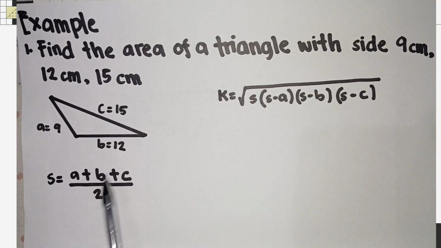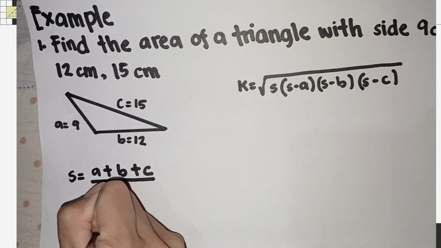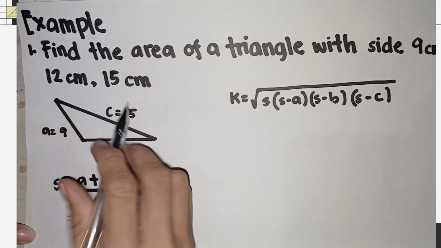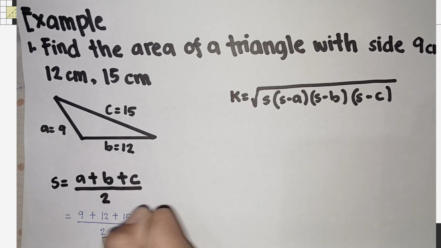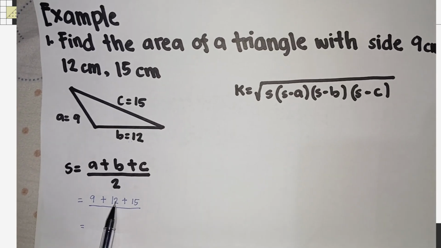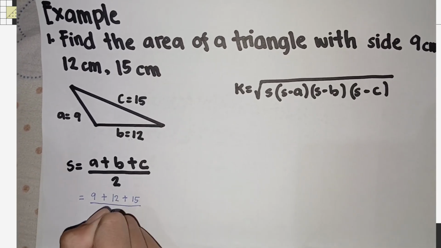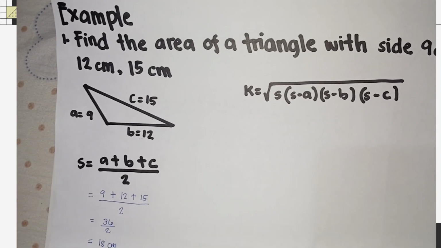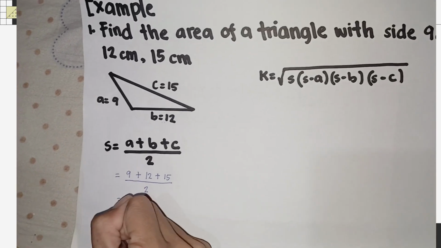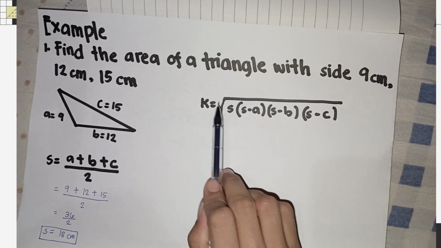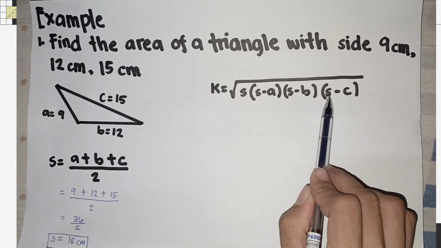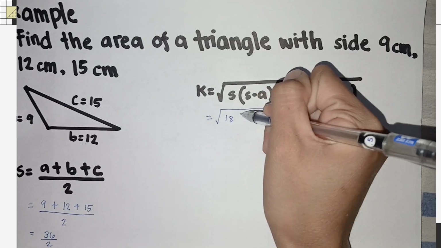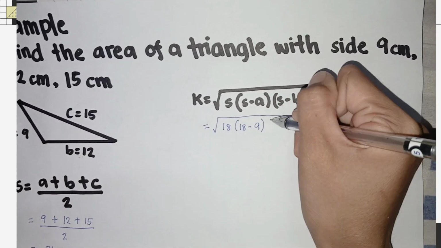So our first example is to find the area of a triangle with sides 9 cm, 12 cm, and 15 cm. So we take a is equal to 9 cm, b is equal to 12 cm, and c is equal to 15 cm. So we start off by calculating the semi-perimeter, which is half of the sum of all sides, and that gives us s is equal to 9 plus 12 plus 15 divided by 2, which is 36 divided by 2, and that comes to 18 cm.